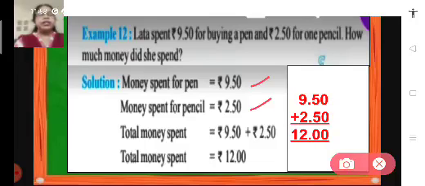We have to add them. We write them according to the place values, see that the decimal points come one below the other, and then we add them. So 0 plus 0 becomes 0 here. 5 plus 5, 10. We write 0 and 1 will be carried here. Then 1 plus 9 plus 2 becomes 12. So the total money spent is rupees 12.